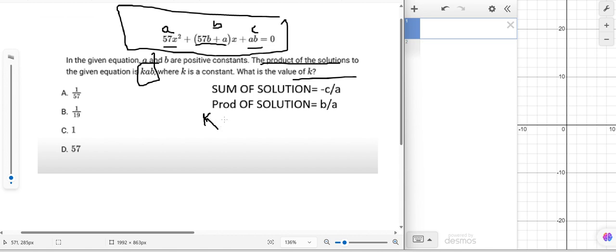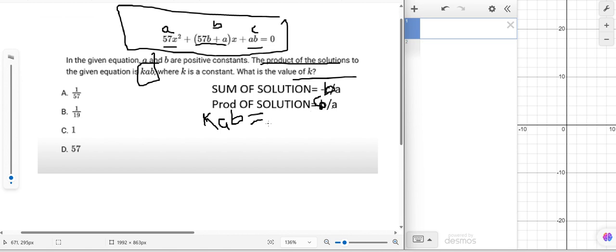That means kab equals, which is b by a, and b. Oh, sorry, there is some mistake in this. The sum of the solutions equals minus b by a, and the product of the solutions equals c by a.